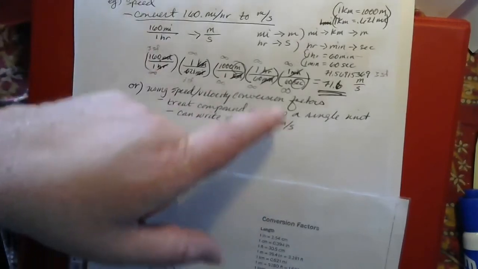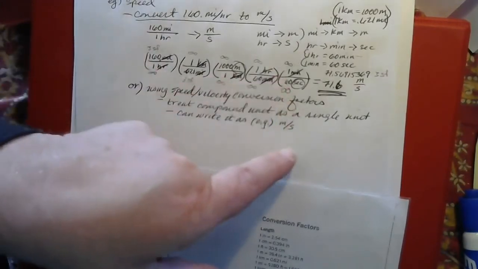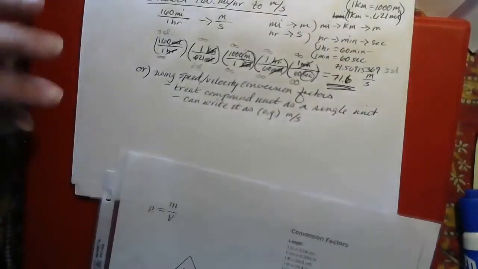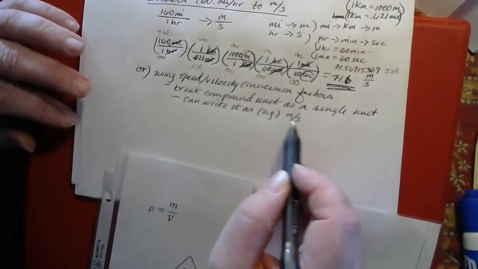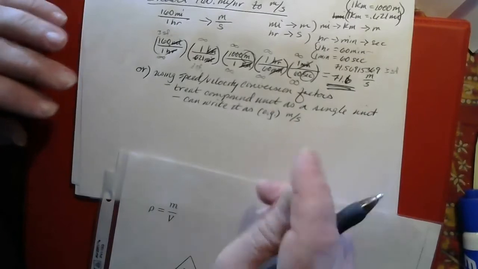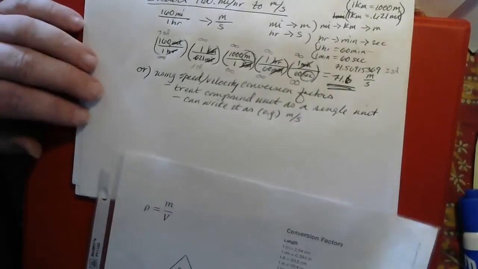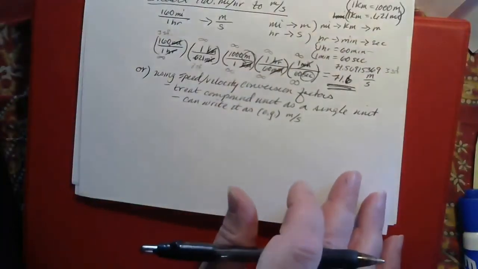If you're going to use the speed or velocity conversions, then it's usually better to do it as one unit slash the other unit, because you're treating this meters per second as if it's one single unit. If you try writing it explicitly as meters over seconds, then things can get a little tight when you're writing it out, as we'll see when we actually try doing it.